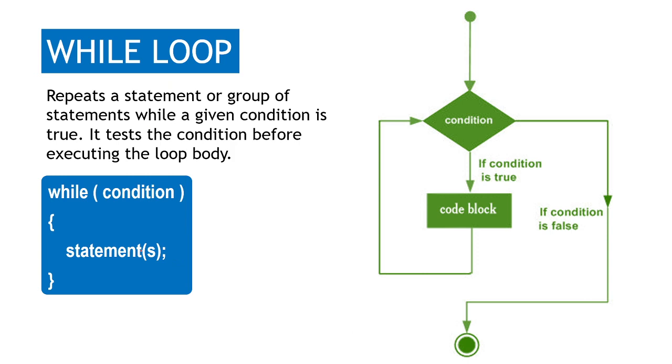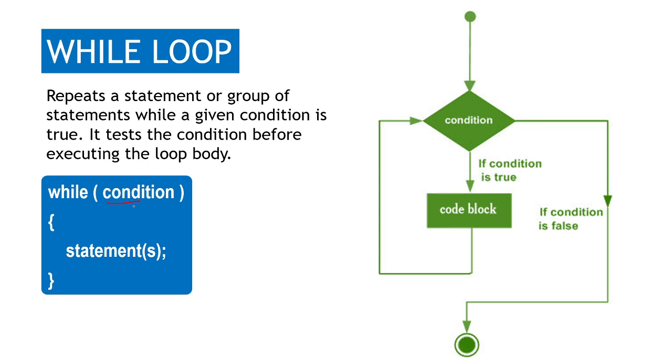Okay. Now, let's go with the while loop. Actually, the while loop is also easy to understand. It repeats a statement or group of statements while a given condition is true. It tests the condition before executing the loop body. So this is the syntax of the while loop. While, then the condition: while x is less than 10, then the statements.